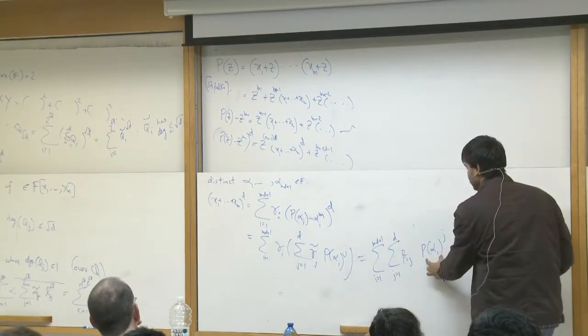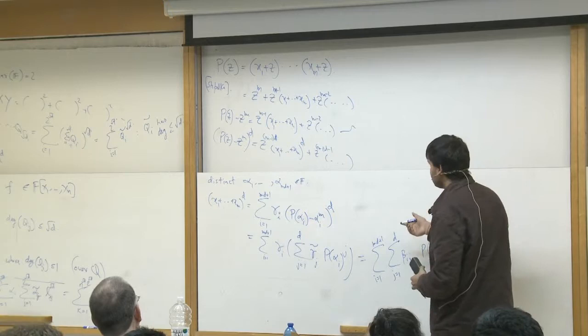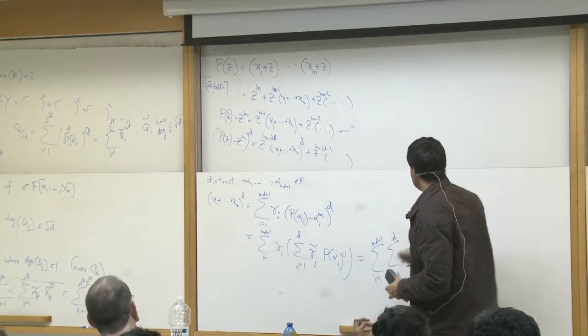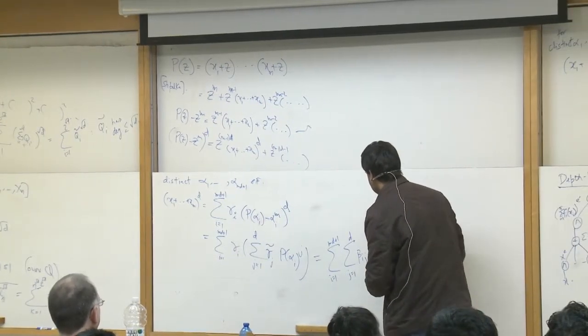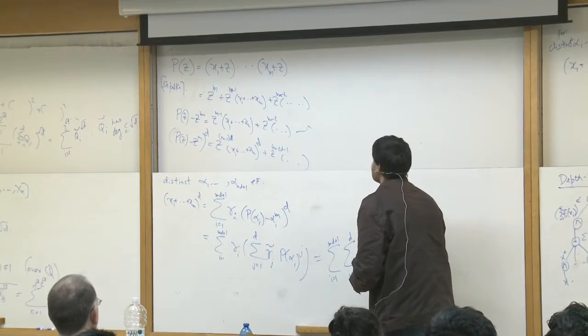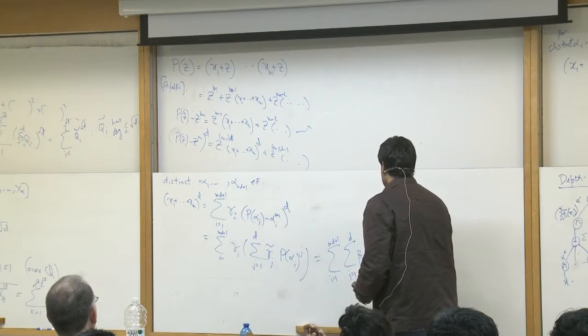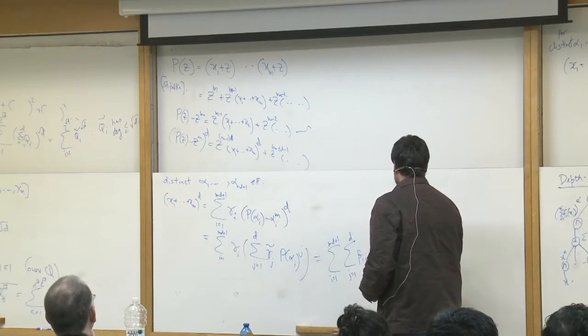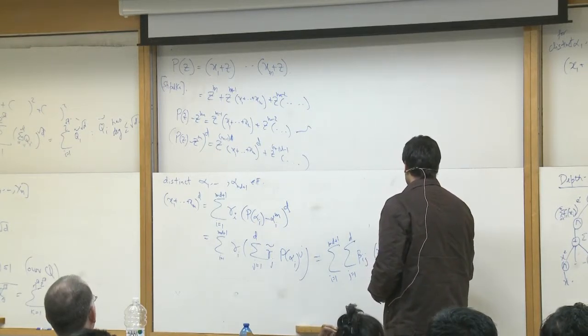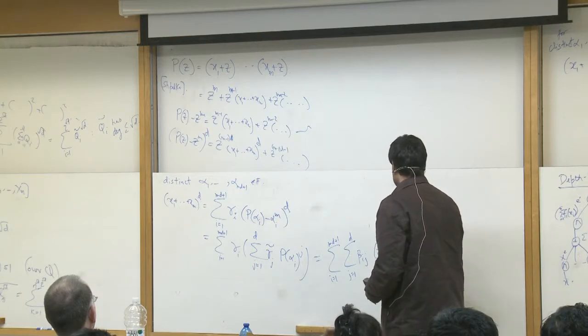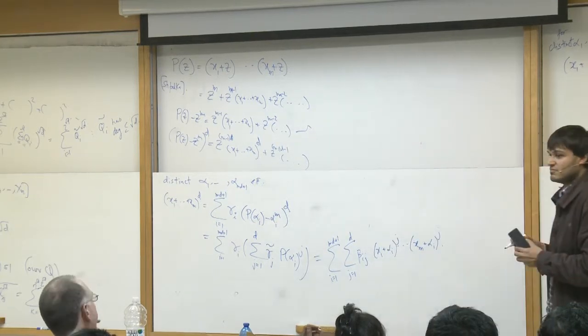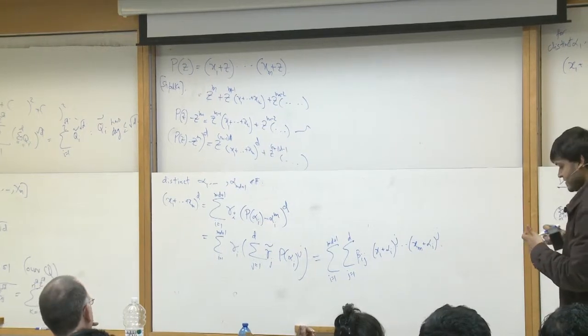So what is p of alpha i? P of alpha i is exactly this. That's the proof. That's it. This is exactly what we wanted, right?